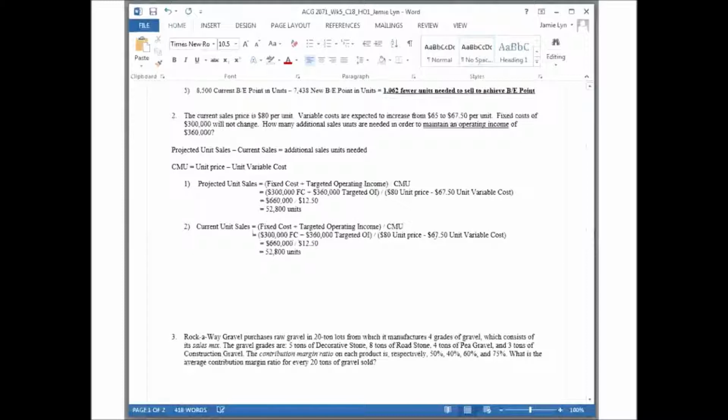The difference being that we're working with current, and we're calculating the current unit sales. So we're going to start with the 65 for the variable cost. Which gives us 660 divided by 15, which gives us 44,000 units.